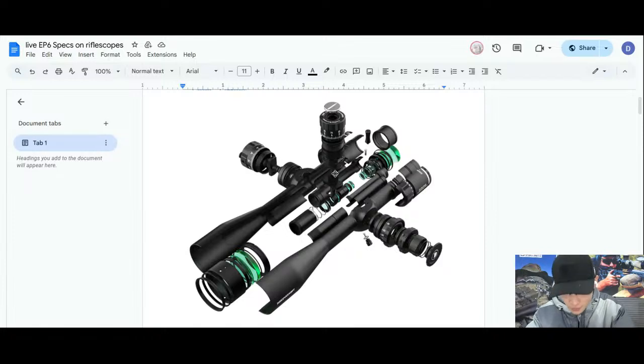From the machining and mechanical design perspective, we need to make all the parts very, very precise to ensure the click value, so the tracking accuracy, is good enough. Because there are so many parts, there are so many variables that can affect the tracking accuracy.